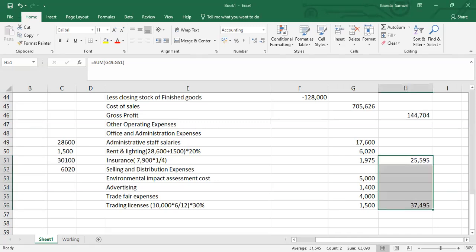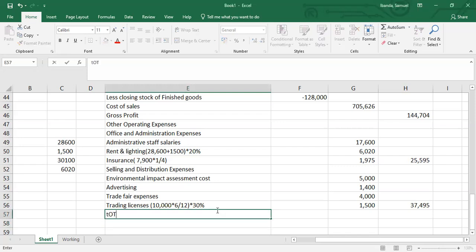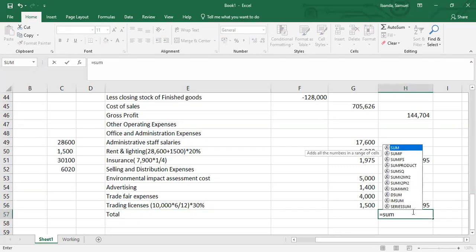And then at the end of the day, remember what we are doing is we are first getting profit, okay? And since this has partnership in it, you're first getting what we call the net profit before appropriation, okay? So let's see how our total would look like. The total other operating expenses, which is the summation of what?